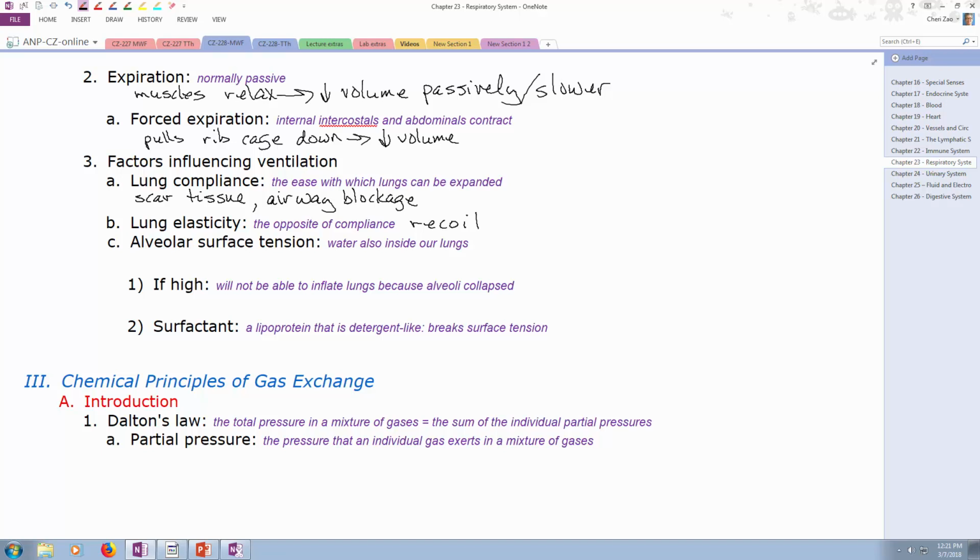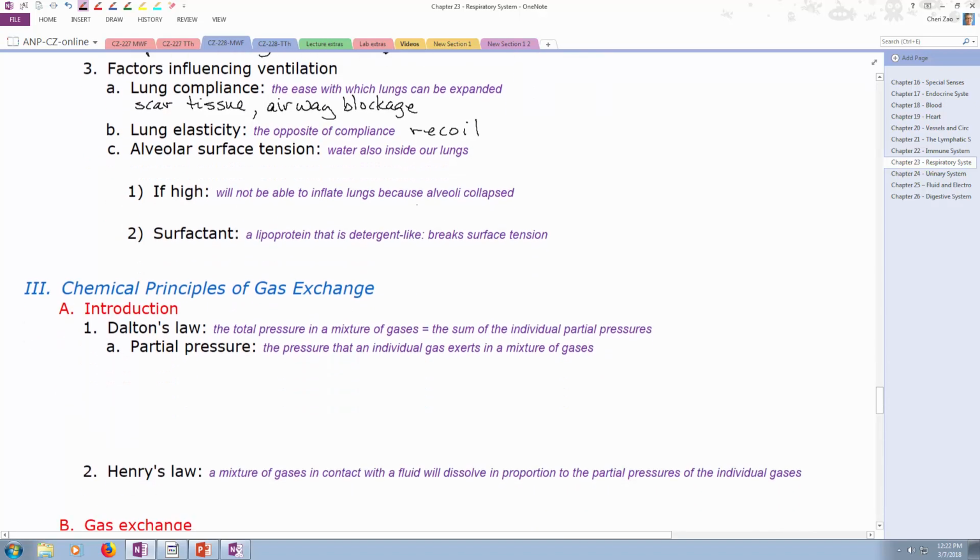Anything else? Those are the two main things for right now, airway blockage and scar tissue. Elasticity, that's opposite of compliance. We want our lungs to actually have the recoil factor. It's good for us to get the air moving in as well as out.